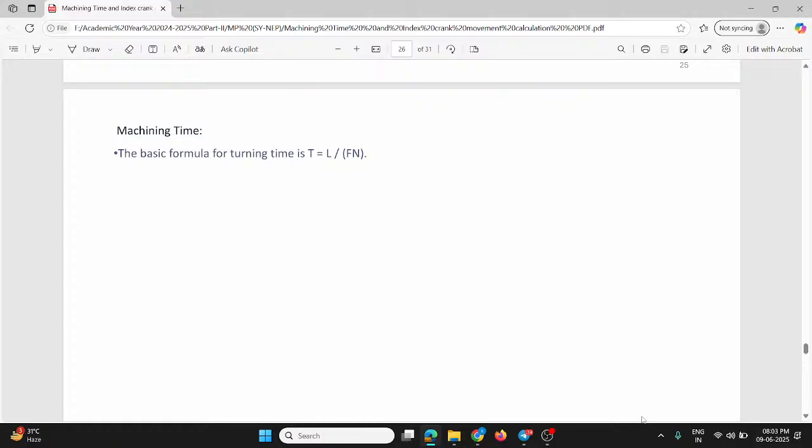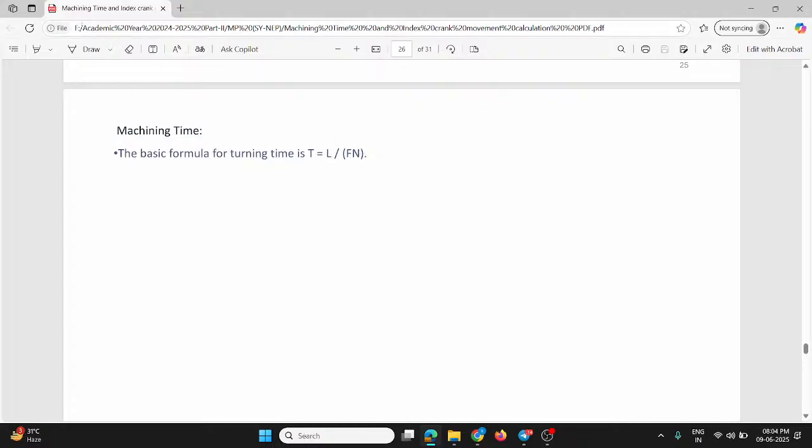T equals L divided by F into N. Here L is the total length of tool travel, F is the feed, and N is the RPM, which you already know.